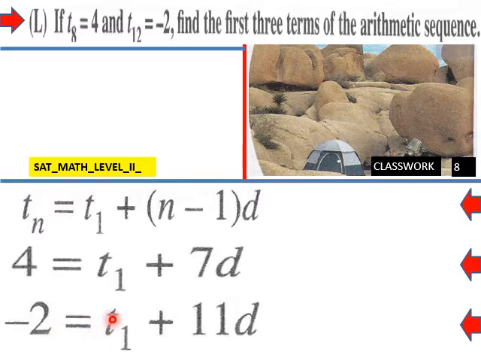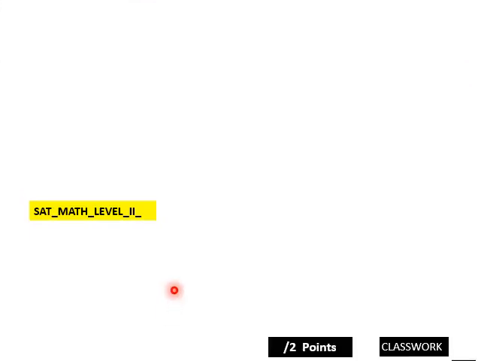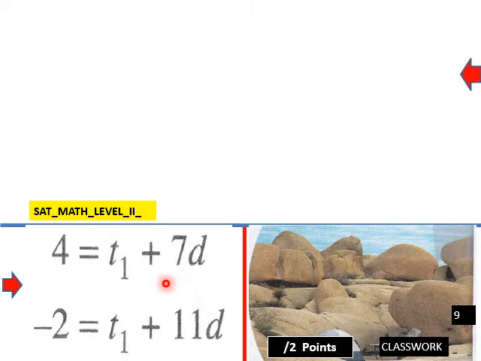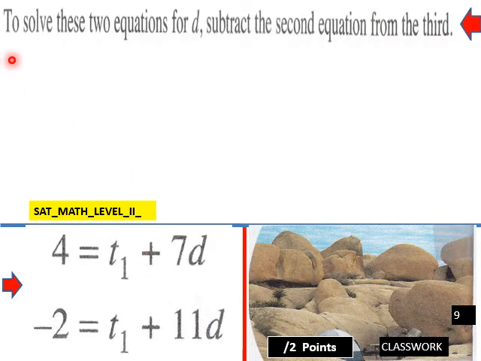So we're going to start solving here for d. -2 equals term 1 plus 11d. To solve these two equations for d, subtract the second equation from the third.